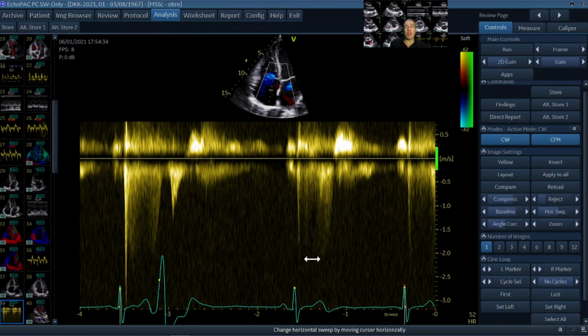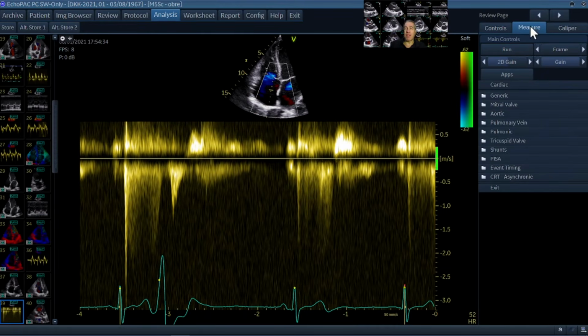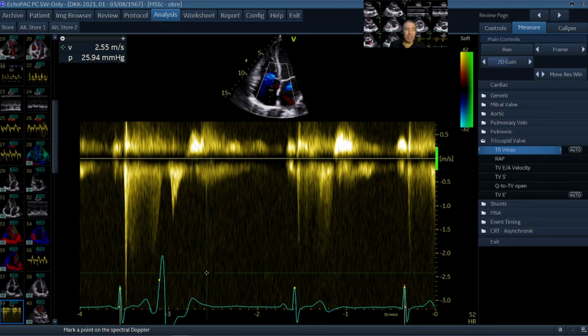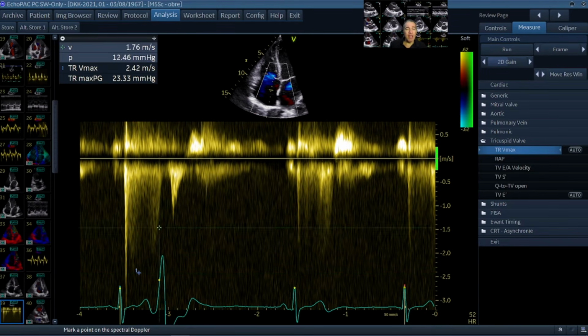From the regurgitant velocity, you would be able to measure the regurgitant pressure drop, the pressure difference across the tricuspid valve. So just as an example, let's measure here. Well, I estimate that maybe here could be the end of the signal.